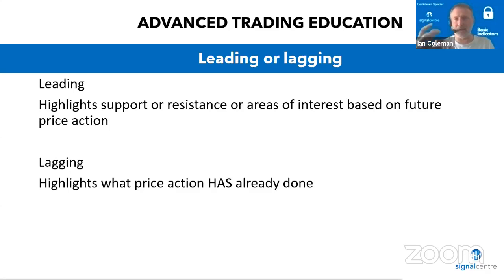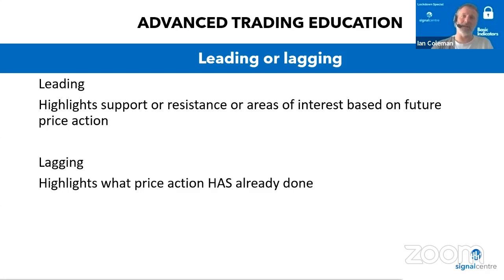So a lot of the indicators that I use are forward indicators, leading indicators, such as the Ichimoku cloud. That's a leading indicator. It tells us where price is possibly going to go. Trendline support and resistance is a leading tool. It's not a leading indicator, but it's a leading tool. It shows us where support and resistance is in the future.